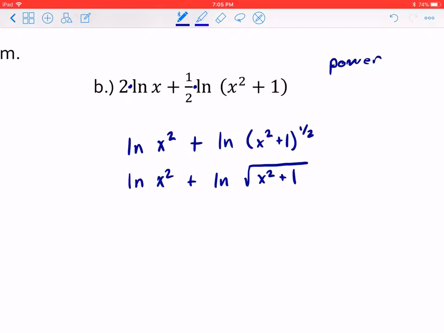But then the last step would be to just, because we have a matching base e, hence the natural log, we would have x squared times the square root of x squared plus 1. Don't distribute, because that special type of parentheses, aka the square root, is locking everything inside. And again, you really don't need it here because we assume that the product belongs to the ln, but still good practice just for clarity.